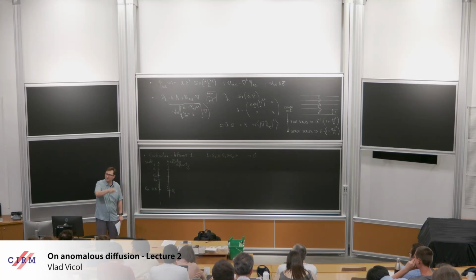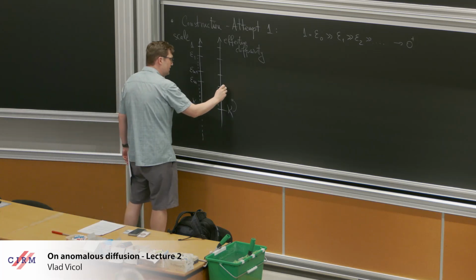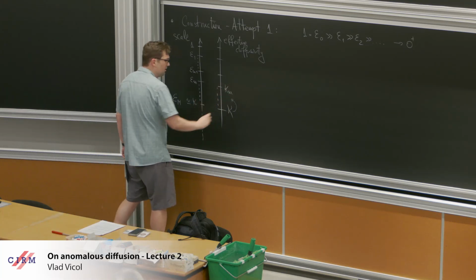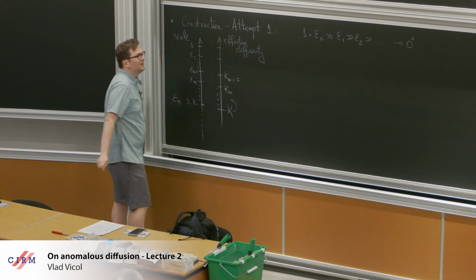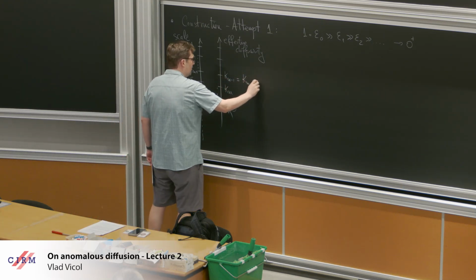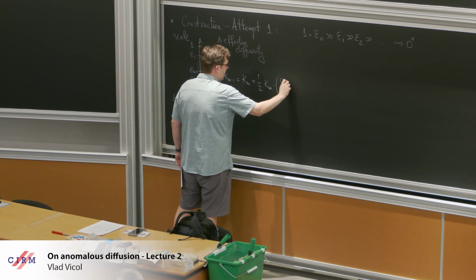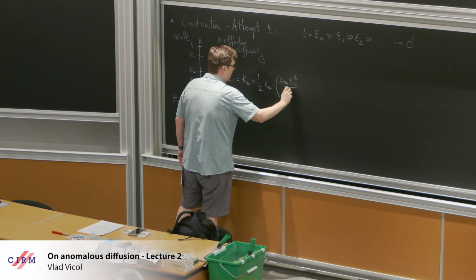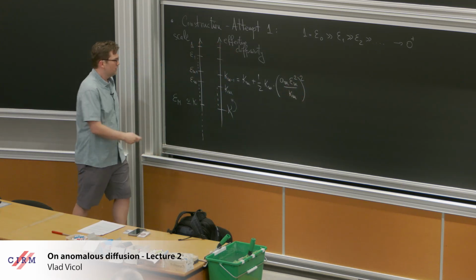But after one iteration, it should become something else, right? So if you believe this picture, if your diffusivity here is kappa m, then the recursion says that kappa m minus 1 is equal to kappa m plus 1/2 kappa m times am epsilon m squared over kappa m squared. And then you keep going.